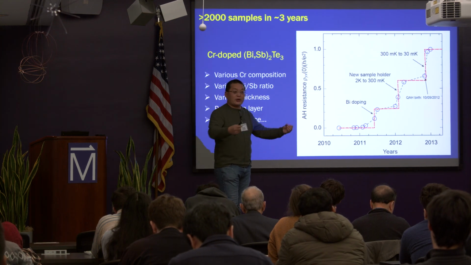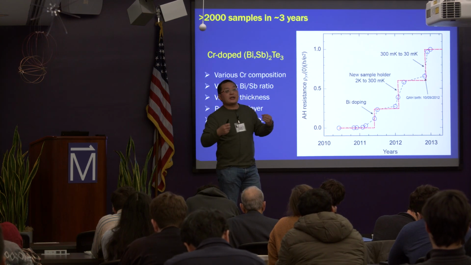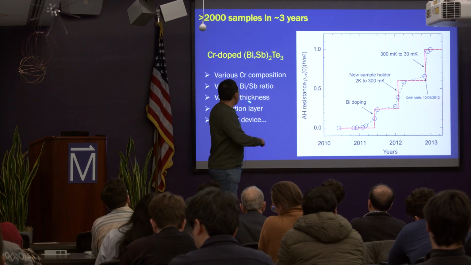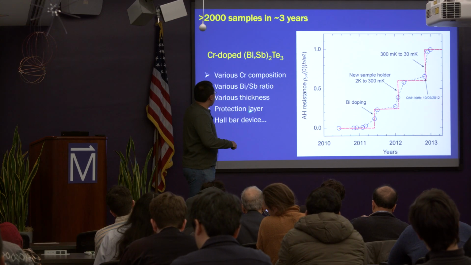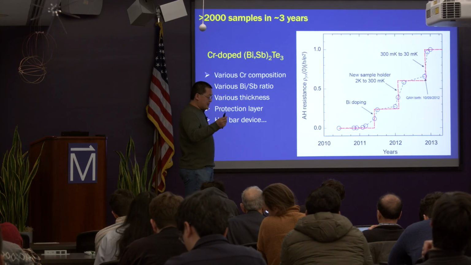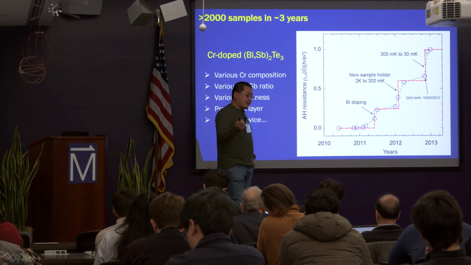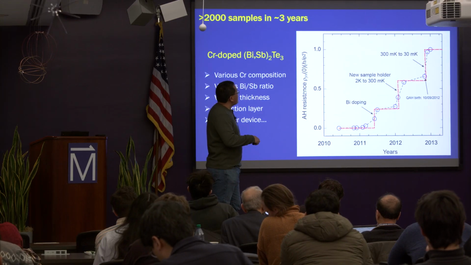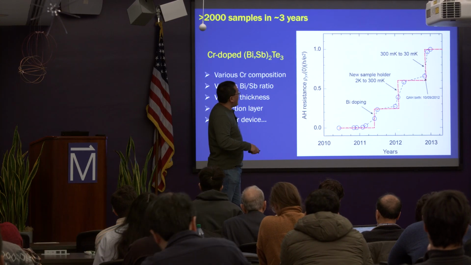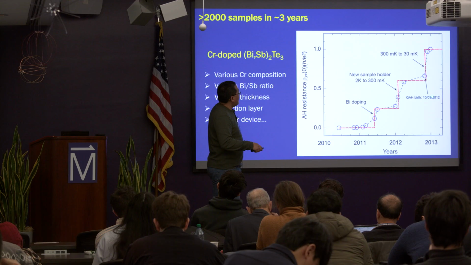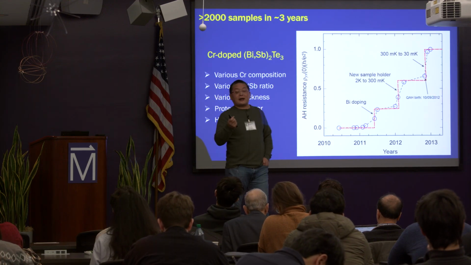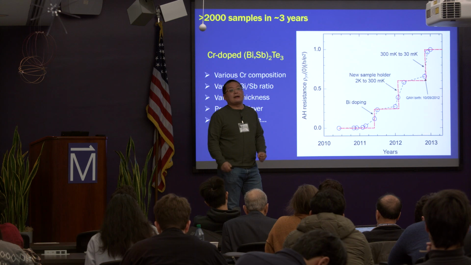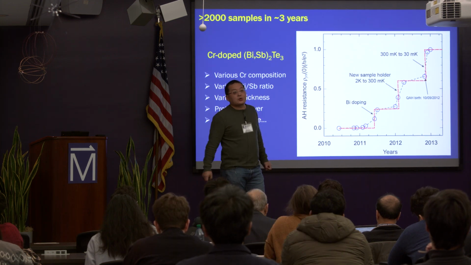We grow the sample in an ultrahigh vacuum chamber, and we need to take it out for the transport measurement environment. So we need different protection layers, and we tried different Hall bar configurations. Here is the Hall resistance as a function of time. On October 9th, 2012, we were the first to see the quantum anomalous Hall effect.